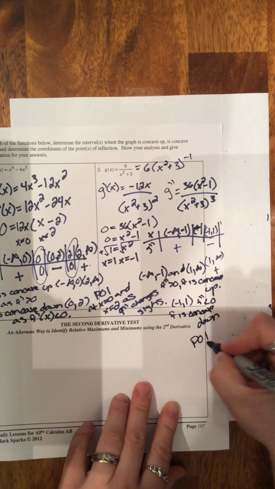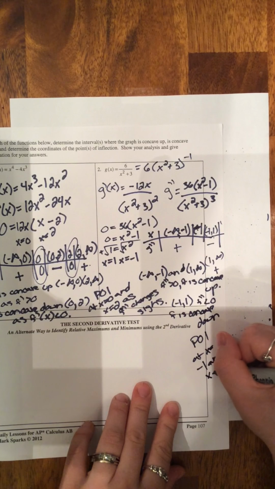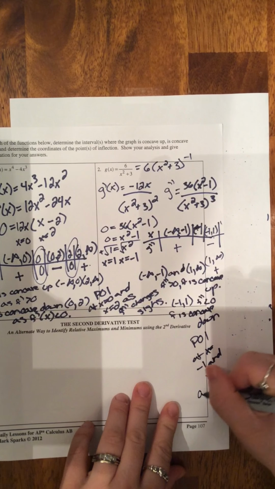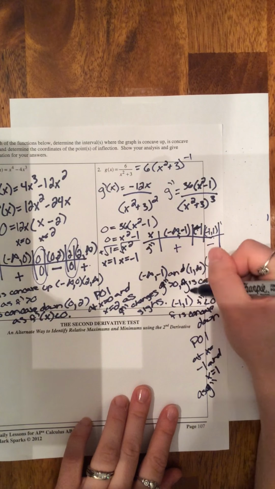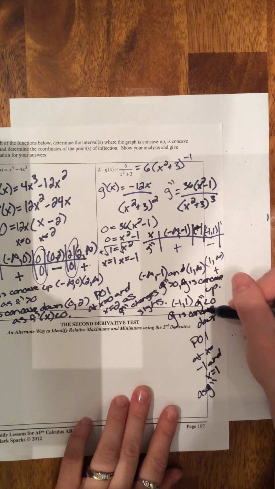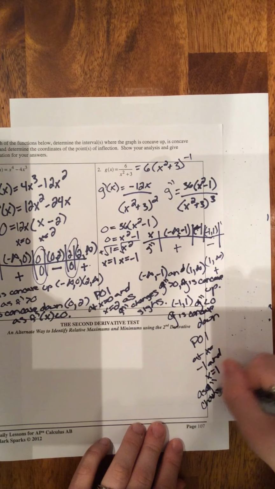There's also going to be a point of inflection at x equals negative 1 and x equals 1, as g double prime changes signs, meaning positive to negative or negative to positive. Okay, so that's it so far, and then we're going to save the second derivative test for one more video.